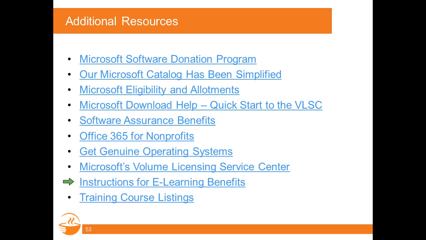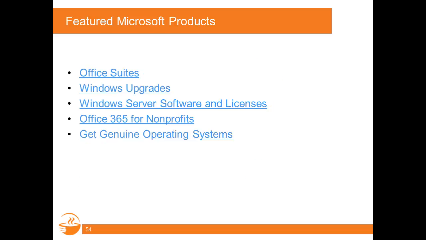Instructions for using your e-learning benefits, and that course listing guide where you can search for the different courses available to you. I've also included some links to our most popular featured Microsoft products, so a link to those Office suites that we know are among our most popular and most frequently requested products, the Windows upgrades, Windows Server software and licenses, Office 365, and Get Genuine again.